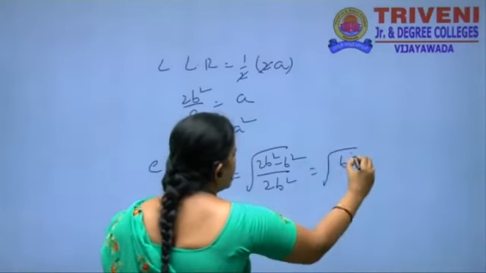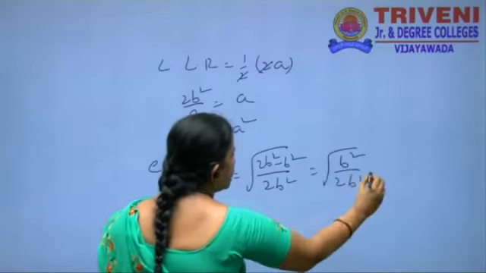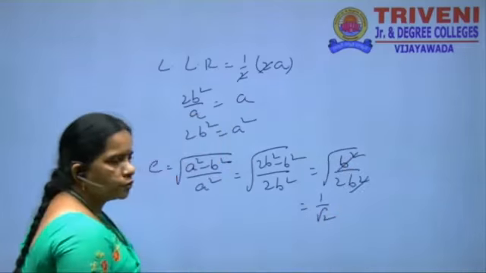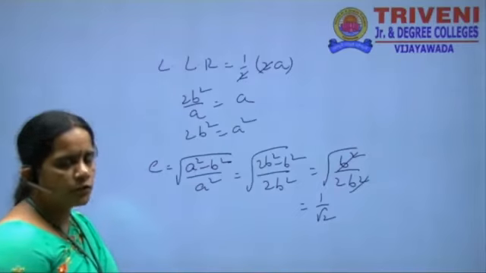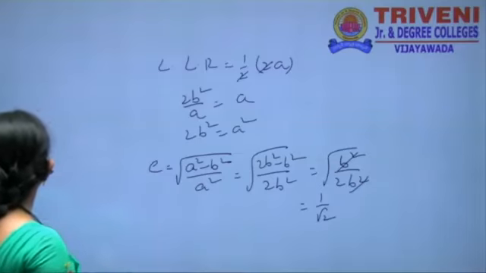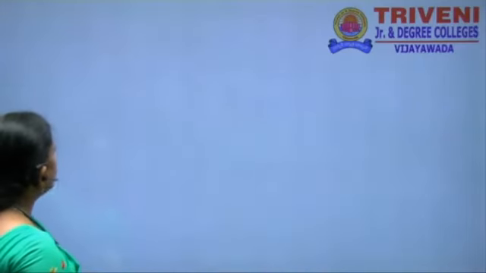Square root of b square by 2b square. B square gets cancelled here. 1 by root 2. This is the way to find the eccentricity given the minor axis and the length of the latus rectum. The eccentricity is 1 by root 2.